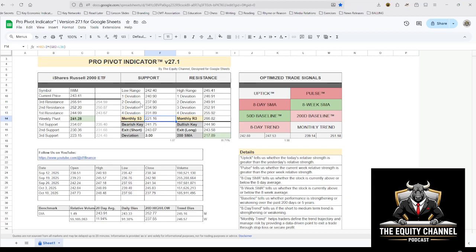Divergence is also great for these pivot point rejections that I just talked about. So we hit the third standard deviation or third resistance, and in hitting the third resistance, we had a lower high on the RSI, for example. Stuff like that.